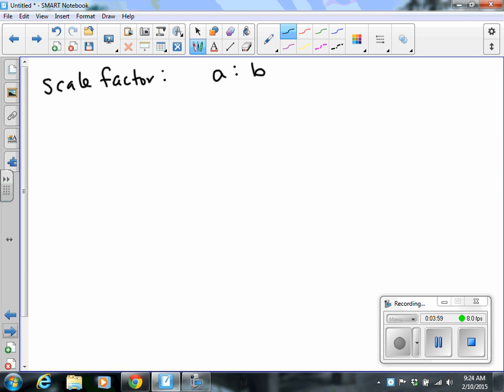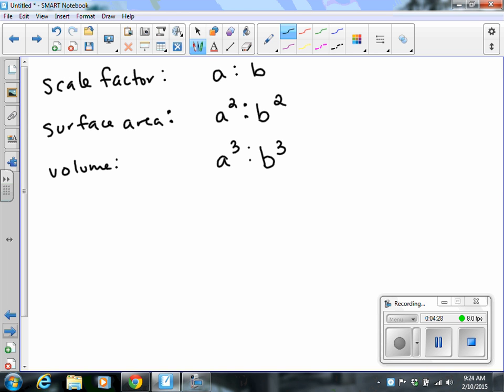So let's talk about the surface area ratio. We know that our units are squared, so that means we're going to have A squared to B squared. What do you think the volume ratio is going to be? For the volume ratio, we know our units are cubed, so it's A cubed to B cubed.